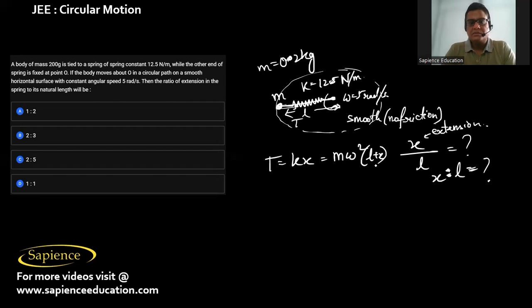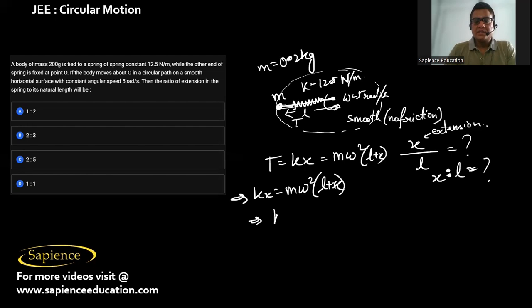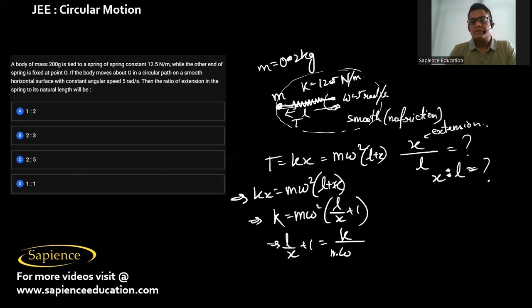So kx will be equal to m omega square into L plus x. If we divide both sides by x, then we will get k equal to m omega square into L by x plus 1. So L by x plus 1 is equal to k by m omega square. So L by x will be equal to k by m omega square minus 1.